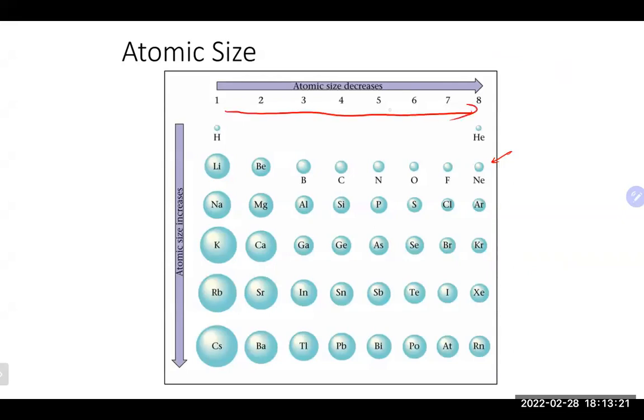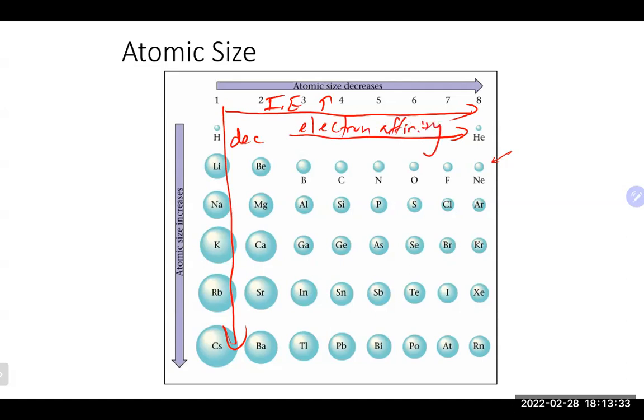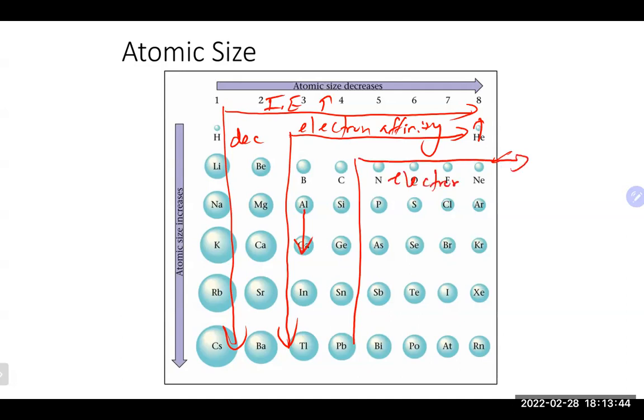The ionization energy increases, and decreases this way. The electron affinity increases as you go this way and decreases as you go down. And lastly, electronegativity increases as you go this way and decreases as you go down.